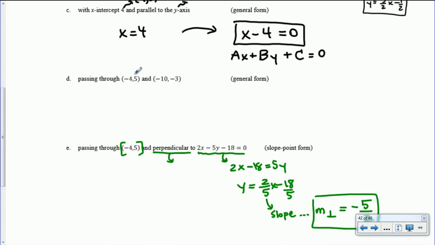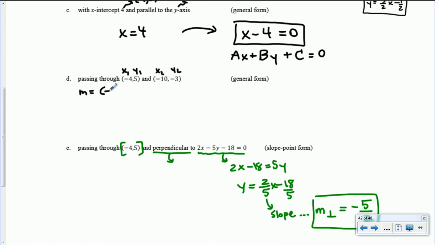Passing through (-4, 5) and (-10, -3), we need to figure out the slope here. We don't have the slope. So slope is rise over run, so back to this sort of routine. Remember the x's happen first and the y's come second in each set of brackets.